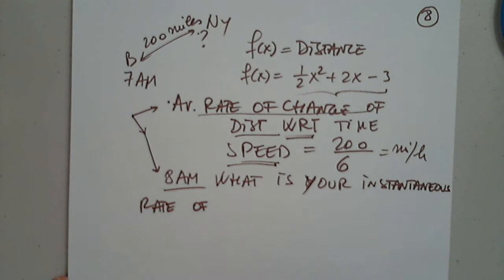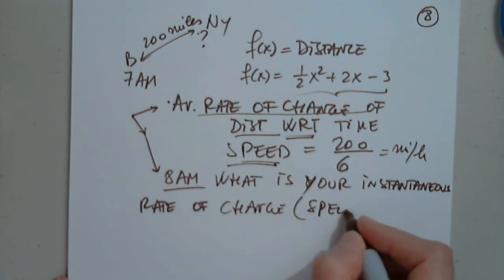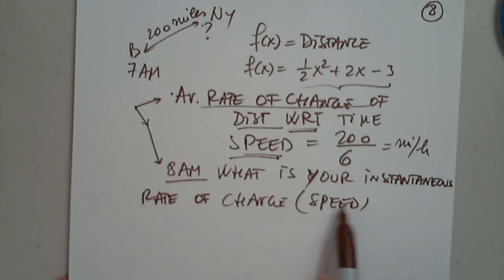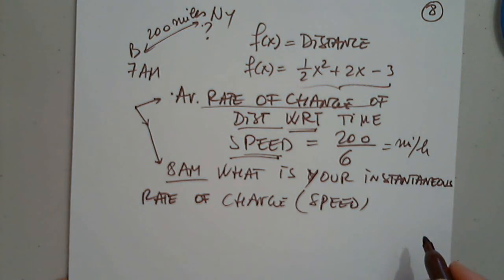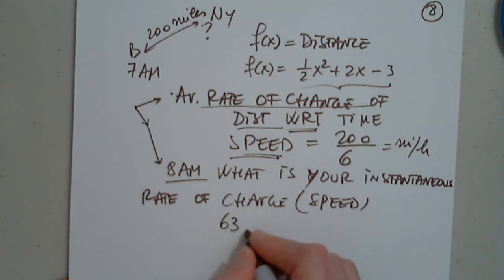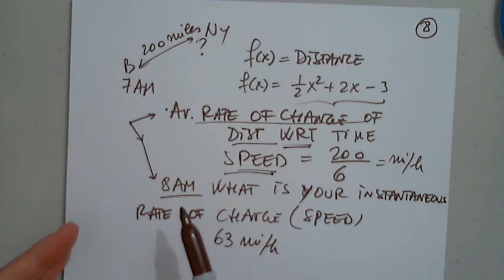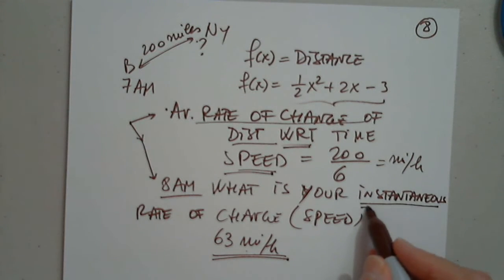So what is your instantaneous rate of change, or speed or velocity, of distance with respect to time? But this I cannot give you without the function, right? Unless I look at the odometer and I'll say 63 miles per hour. So I can give it to you if you call me, and at that instant I'll tell you, okay, I'm looking at my odometer and I see this. This is what we call instantaneous.